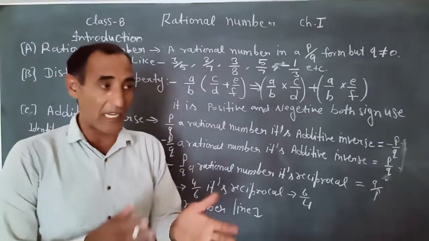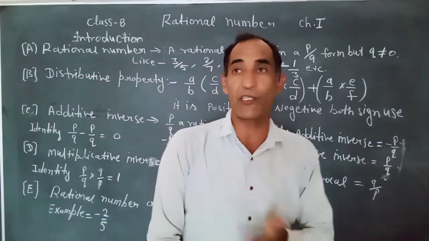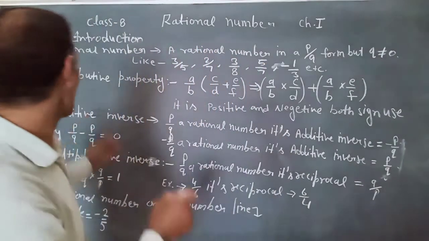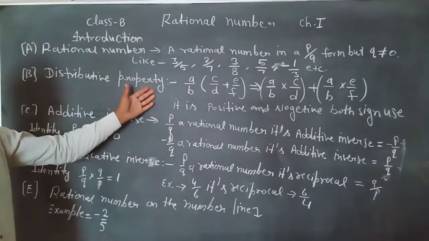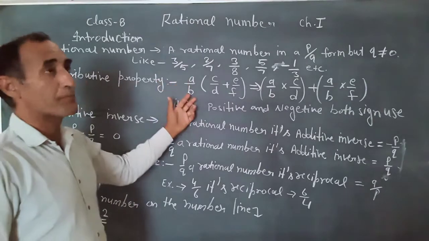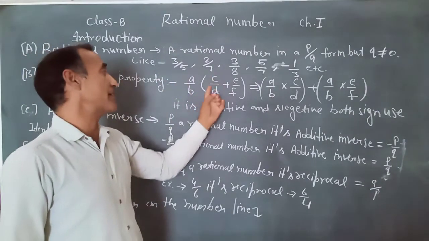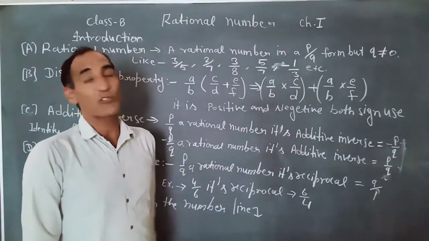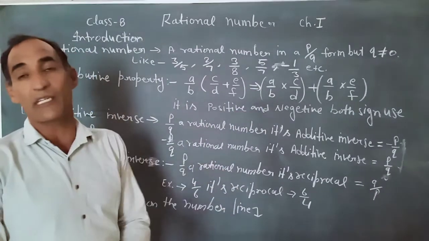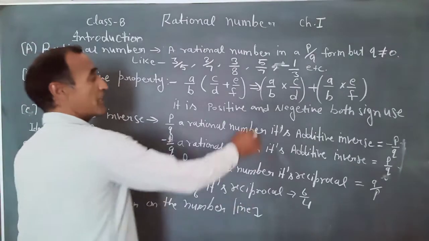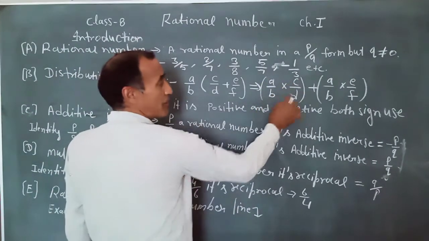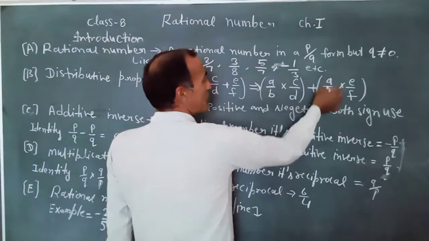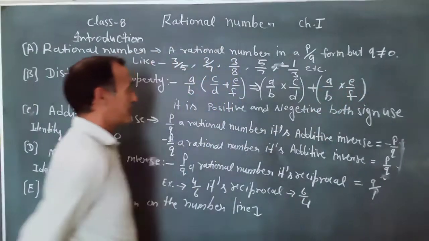After that I am telling about the distributive property. Distributive property is like a upon b bracket c upon d plus e upon f. So we solve it. A upon b is common, so a upon b into c upon d plus a upon b into e upon f.